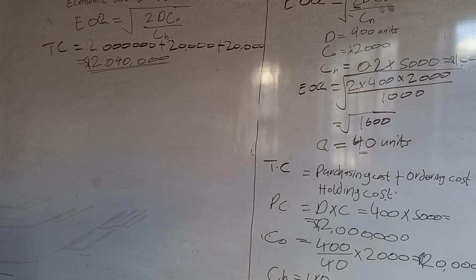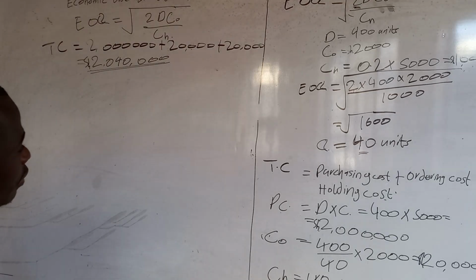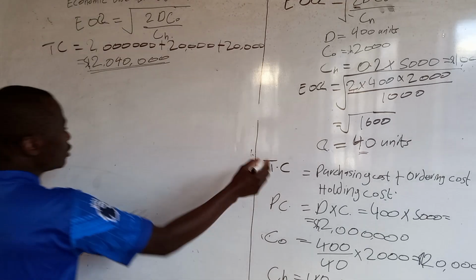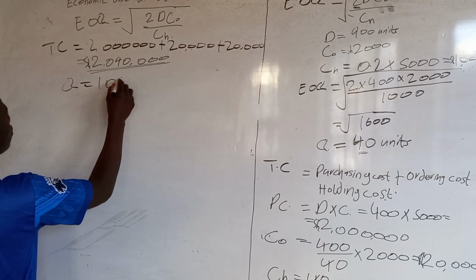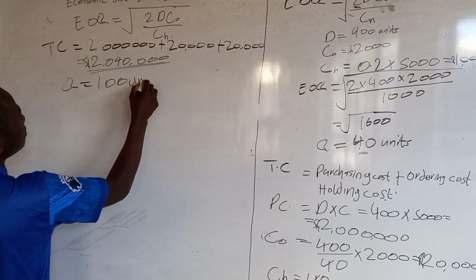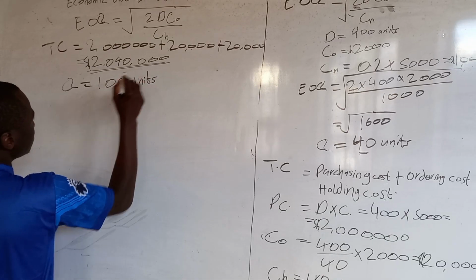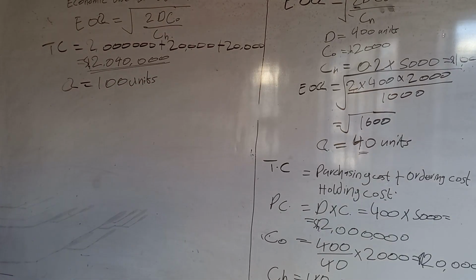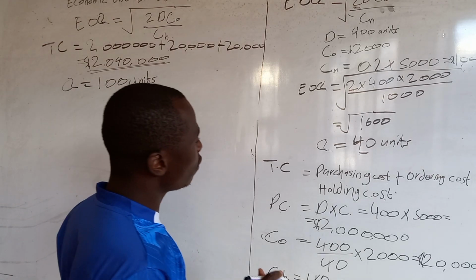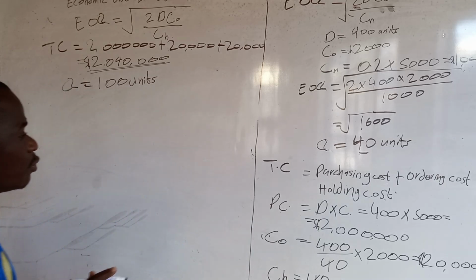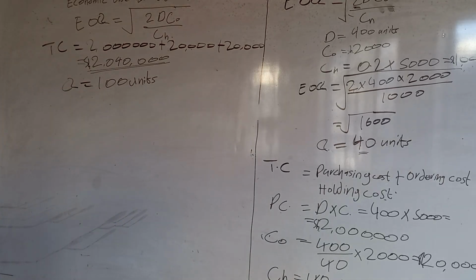The discount that we were given applies to a quantity of 1,100 units. Now, 100 units.